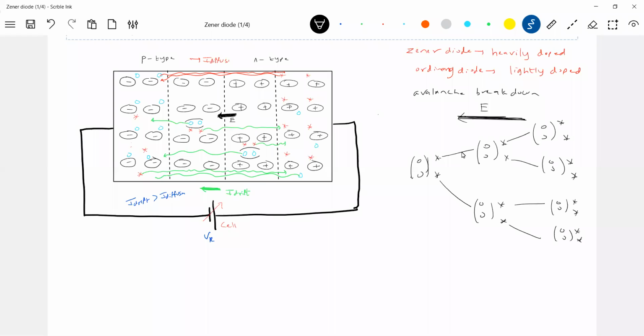Okay, I agree, this is avalanche breakdown. What about the Zener breakdown? In Zener breakdown, directly the electrostatic field, if you can remember, I gave this, will directly pull.